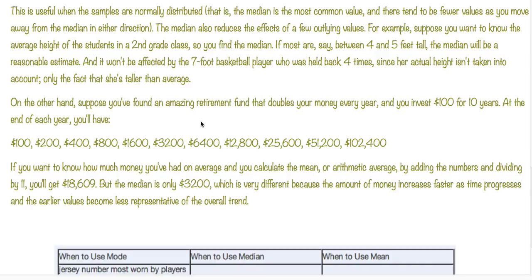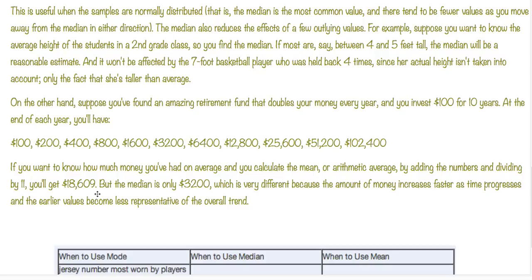On the other hand, suppose you found an amazing retirement fund that doubles your money every year, and you invest $100 for 10 years. At the end of each year, you'll have, let's say, these amounts: 100 for the first year, 200, 400, 800, all the way to 102,400. Okay, now look how this becomes misleading. If you want to know how much money you've had on average, and you calculate the mean by adding the numbers and dividing, you'll get 18,609.